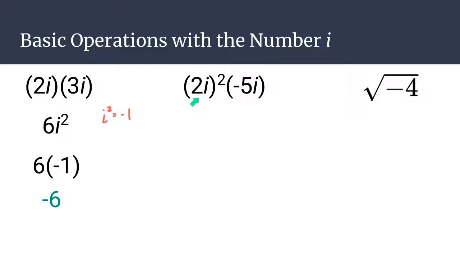If you had 2i squared times a negative 5i, you would square this quantity, and so that would be 4i squared being multiplied by a negative 5i. So 4 times a negative 5 is a negative 20, and then i squared times the i is an i cubed. And we can break that i cubed down into two different parts where it's i squared times another i.